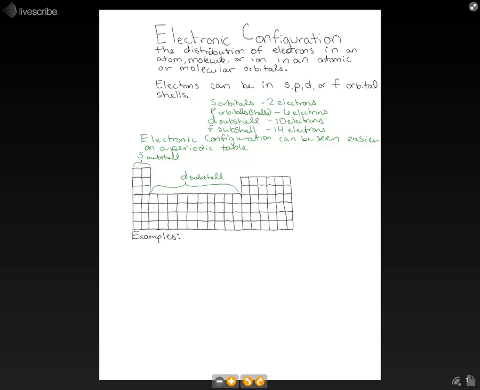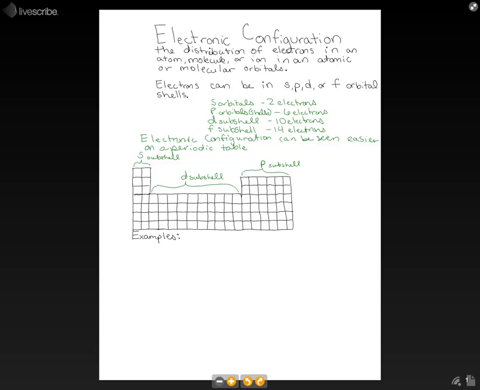And you can see there's 10 elements here, which are going to correspond to those 10 electrons. Last thing we're going to look at here on this periodic table is our P section. And you can see that there's 6 elements, or 6 columns here, that represent those 6 electrons.